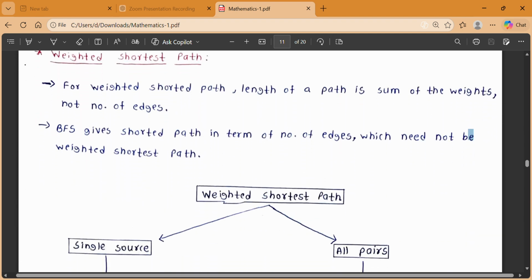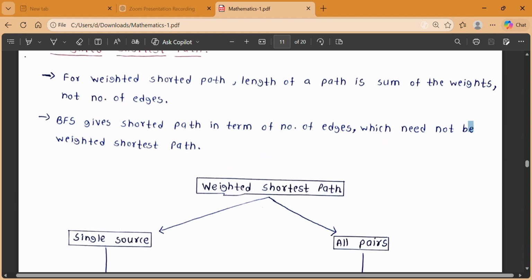Weighted shortest path: the length of the path is the sum of all weights, or the number of edges. BFS gives the shortest path in terms of number of edges, which need not be the weighted shortest path.